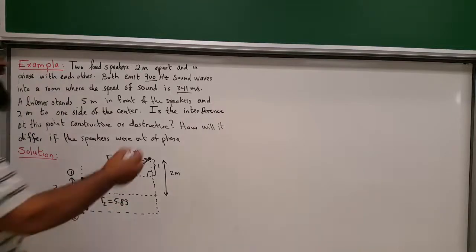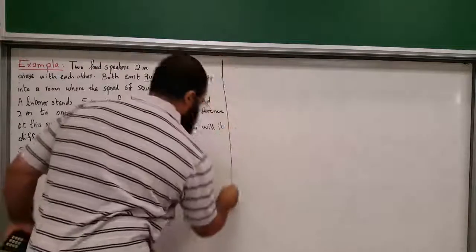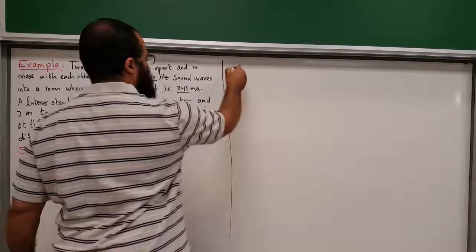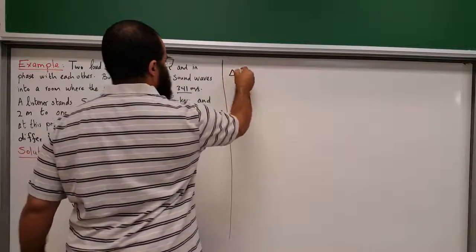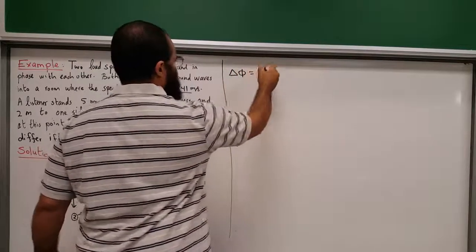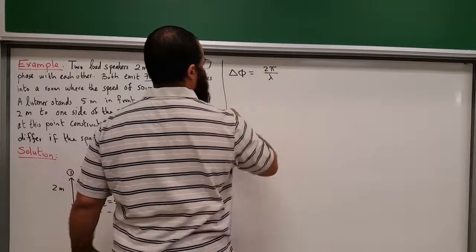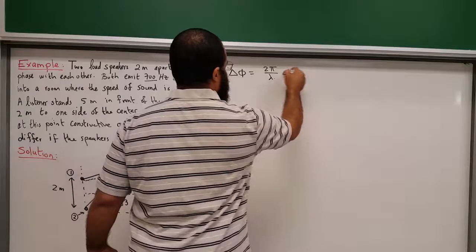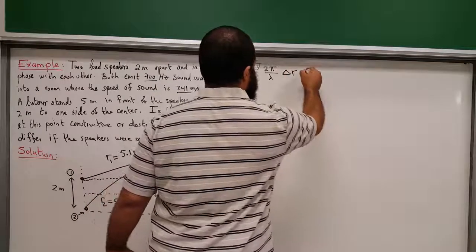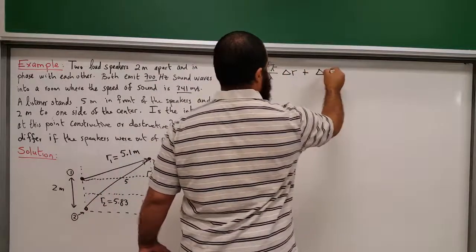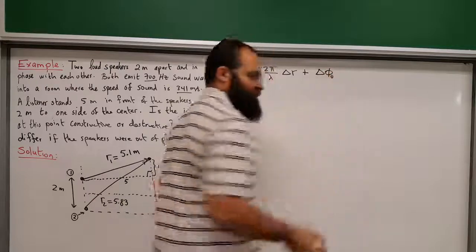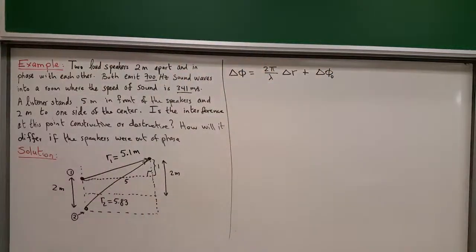And remember, the phase difference, delta phi, was 2 pi divided by lambda times delta r plus delta phi 0. We have seen that.